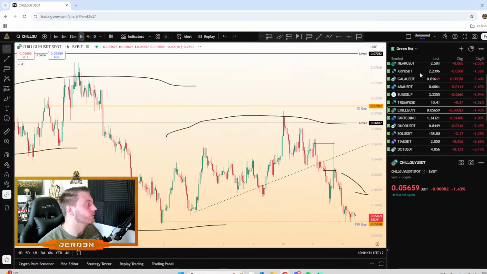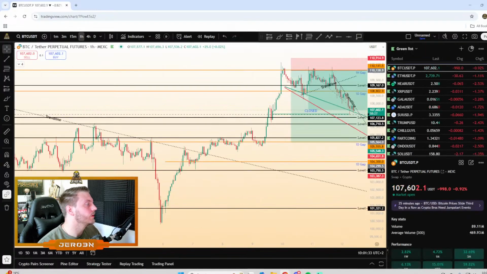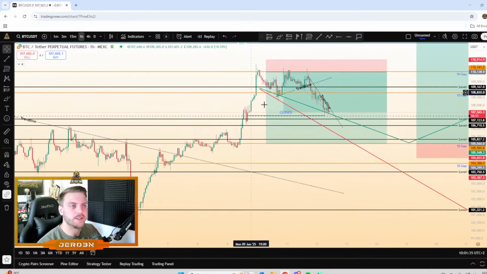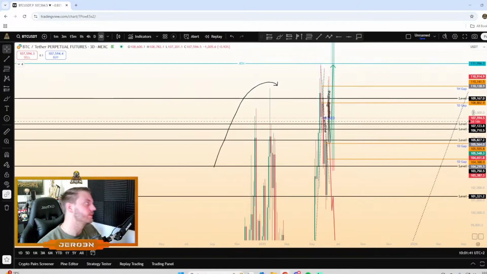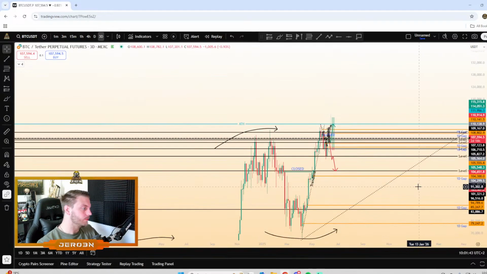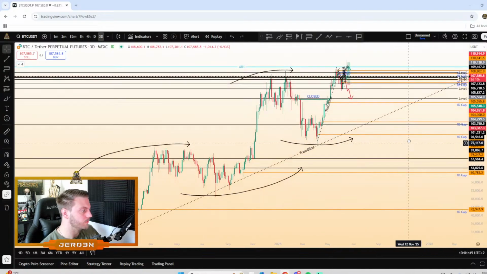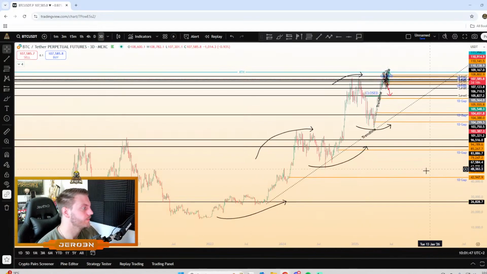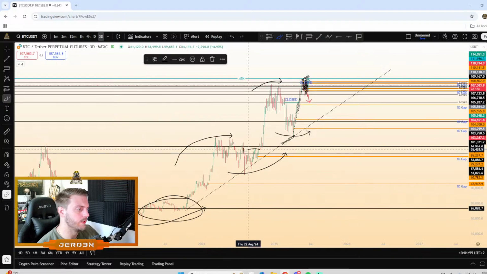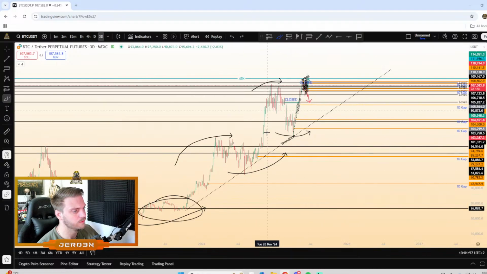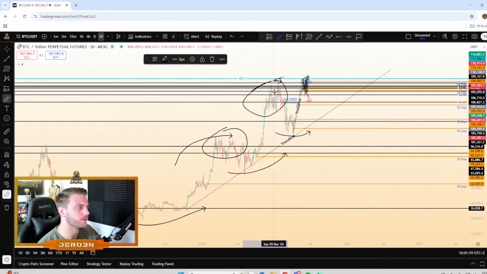Let's dive into Bitcoin real quick. Let's zoom out on the 3 days again. The reason why I am kind of bearish here: we are having an uptrend since October 23, where we created higher lows and higher highs.